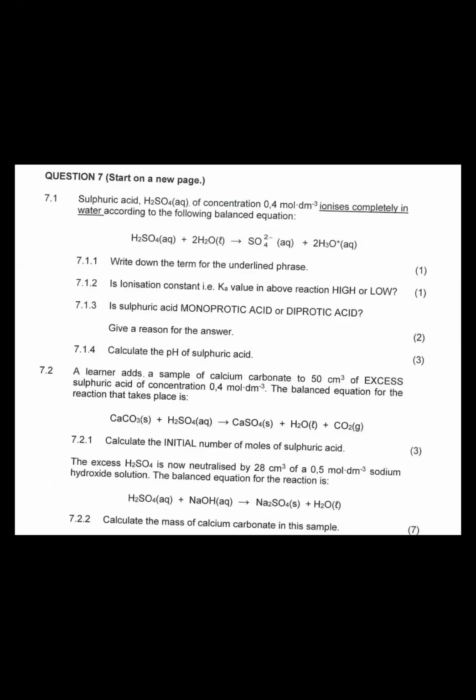To protons. Yeah, that one is correct now. It can donate protons. It's a diprotic acid, it can donate how many protons? 2. 2 hydrogen protons.